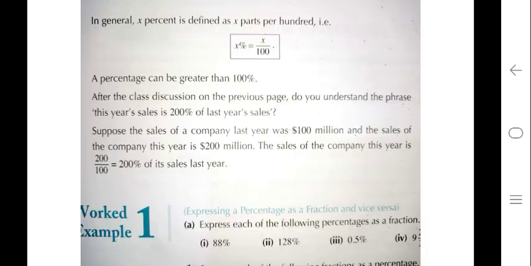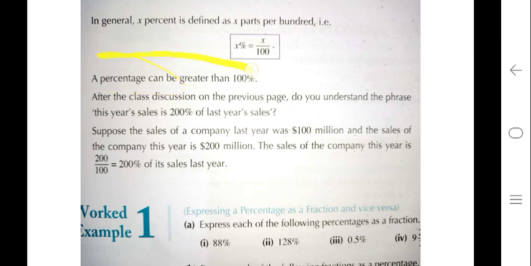So again, any number symbolized as x, x% will be x over 100. So a number with the symbol is equal to that number over 100.